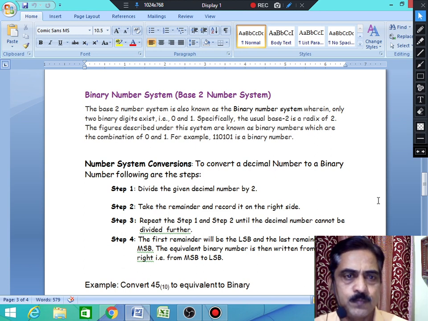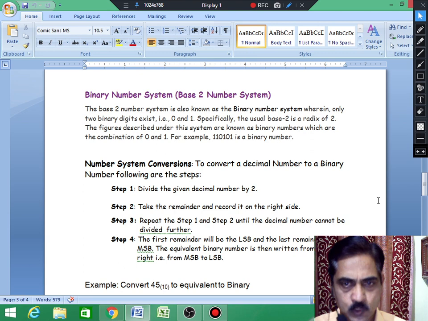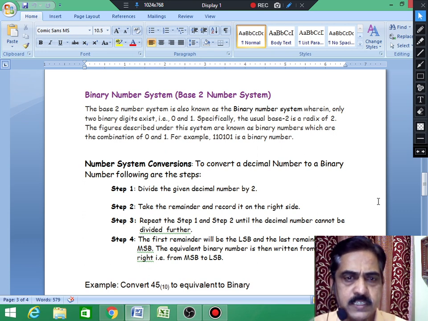As we know, the binary number system has base 2, or radix 2, because in this system the two digits 0 and 1 are used. Therefore the radix or the base of the binary number system is 2. The figures described under this system are known as binary numbers, which are combinations of 0 and 1.